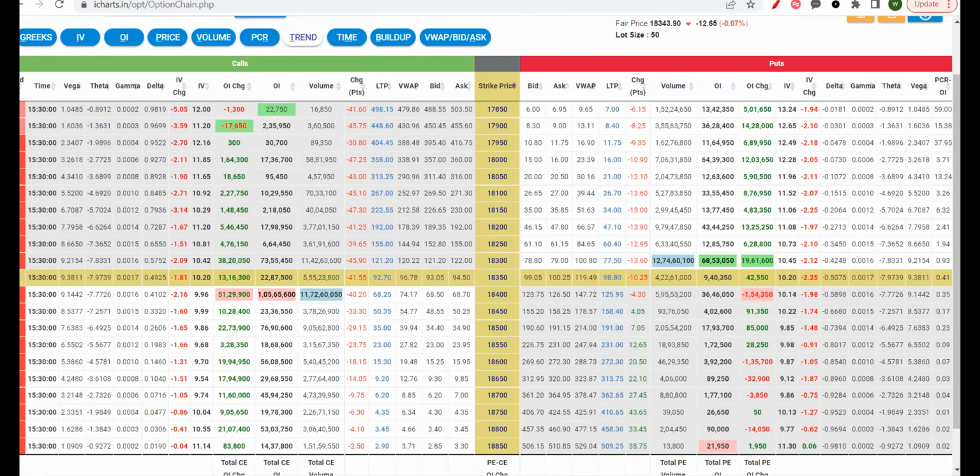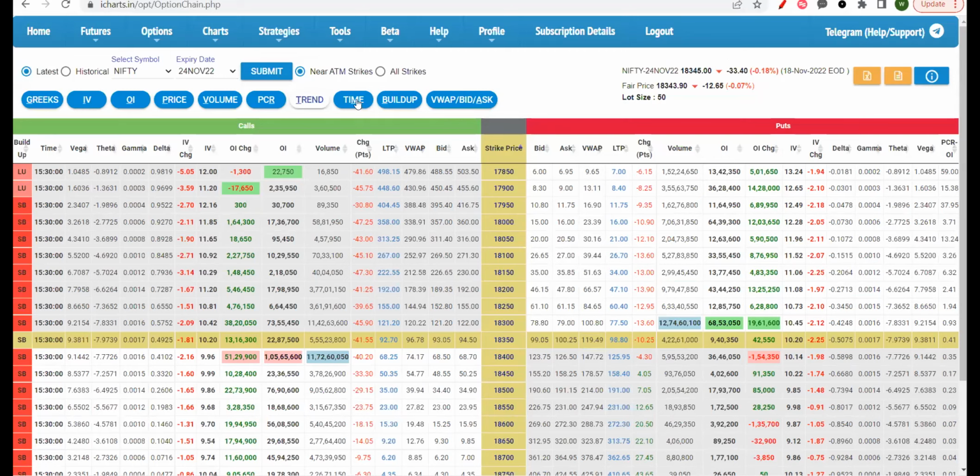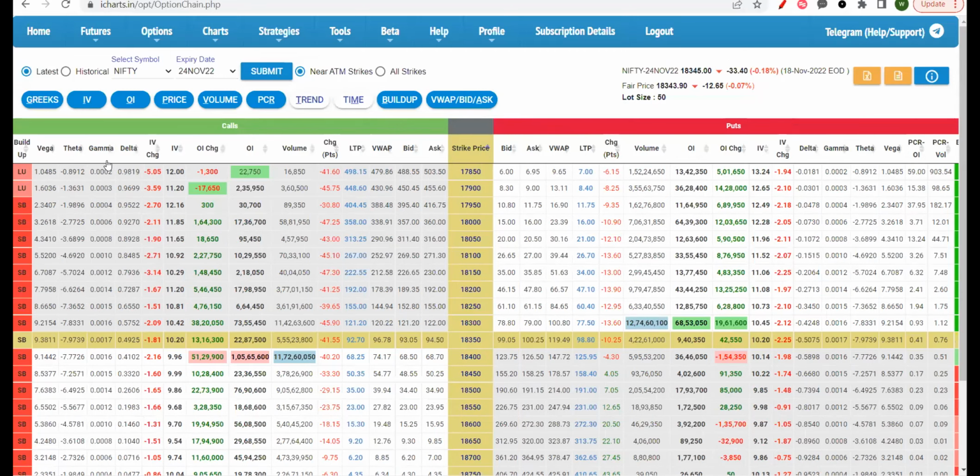The Greeks which I discussed with you all: time, vega, theta. Time is the time of whichever option chain this is, and that does not matter much. But you can see vega, theta, gamma, delta, and IV, how the IV has changed, what the IV is right now, how the OI (open interest) is, how much number is present, how the OI has changed, and how much volume is there. As I told you, volume and OI are different. And then we have last traded price, bid and ask.